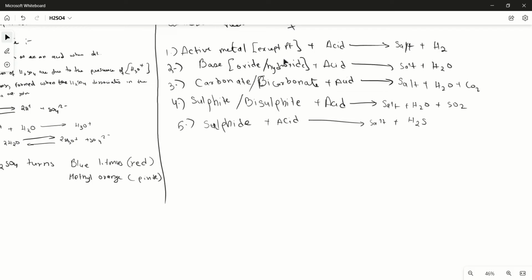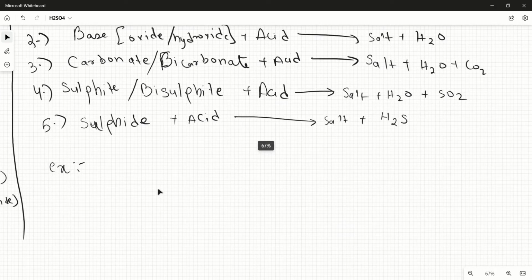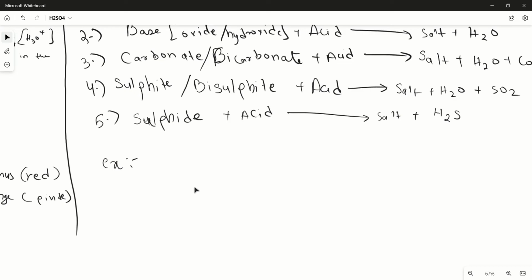Let's start with active metals. Let's take an example of an active metal. Okay, so zinc.